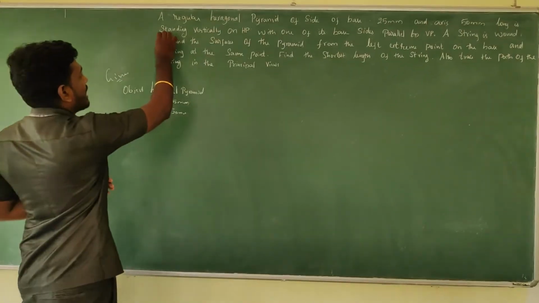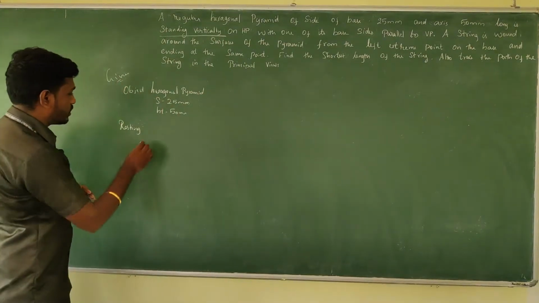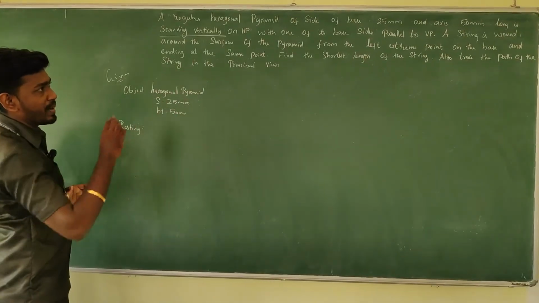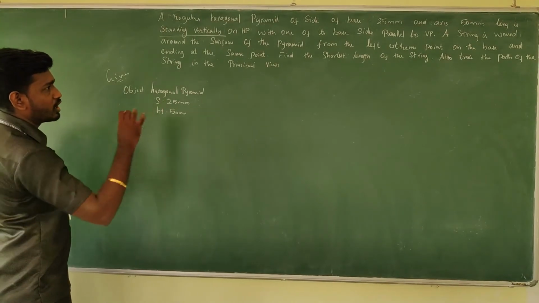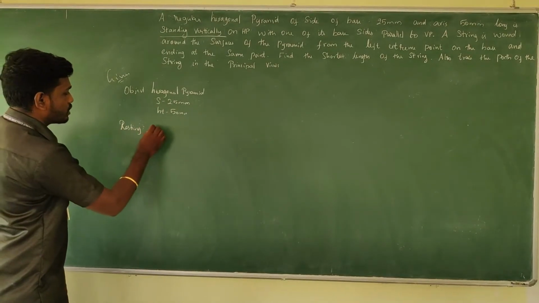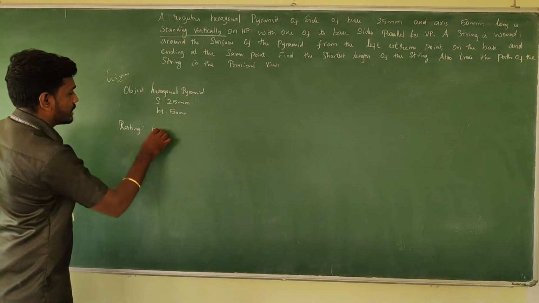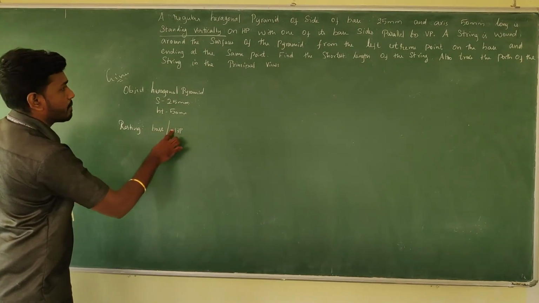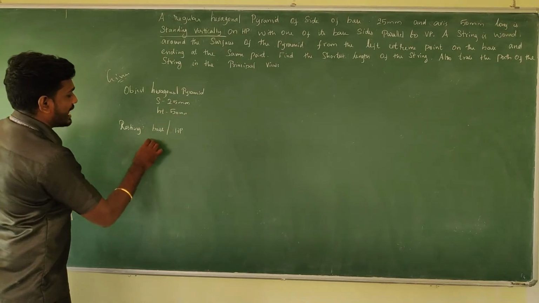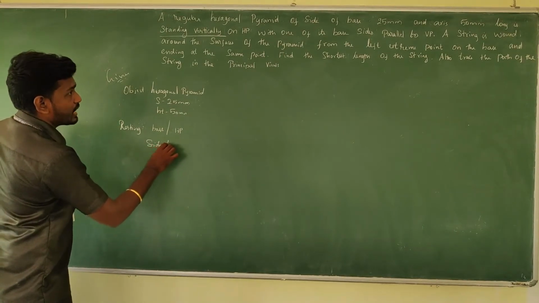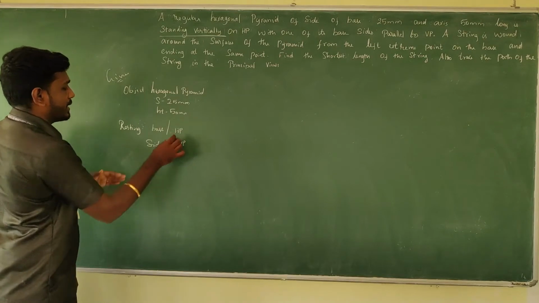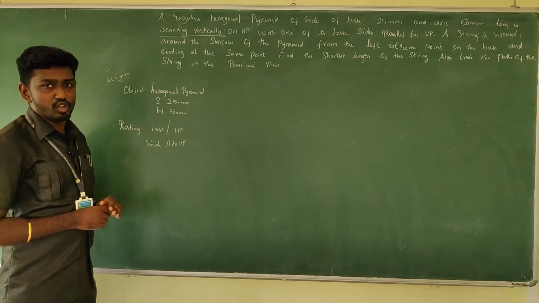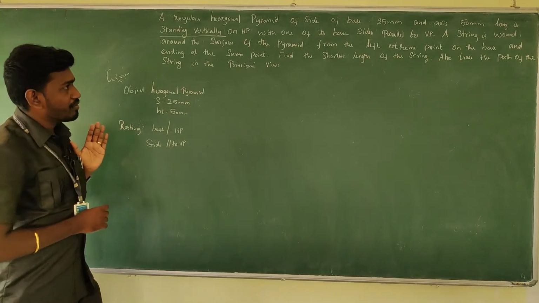So here as well, standing vertically on HP with one of its base sides parallel to VP. So standing with base on HP, and the base side is parallel to VP. When we are positioning, we must consider that one of these sides should be parallel to VP.